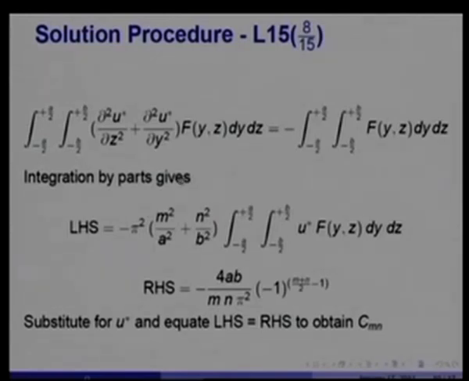Integration by parts would give the left hand side equal to minus pi squared times m squared by a squared plus n squared by b squared, integrated from minus a by 2 to plus a by 2, minus b by 2 to plus b by 2, of u star f y z dy dz.